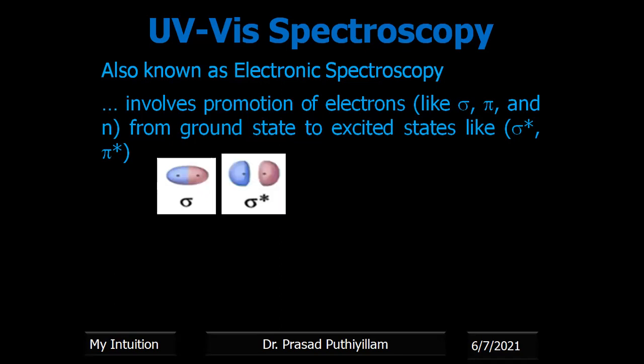Then if they are repelling each other, having higher energy, so sigma bond is formed, meaning they become stable. If they are repelling each other, that means the electron density is moving away from each other, then we call it sigma star. Sigma star or sigma asterisk has very high energy.